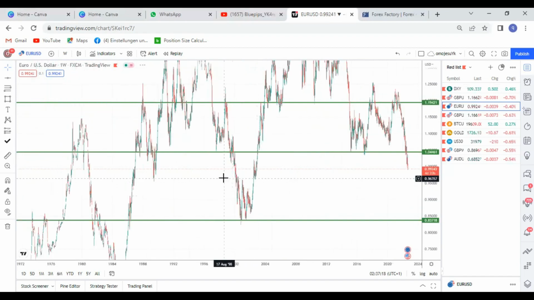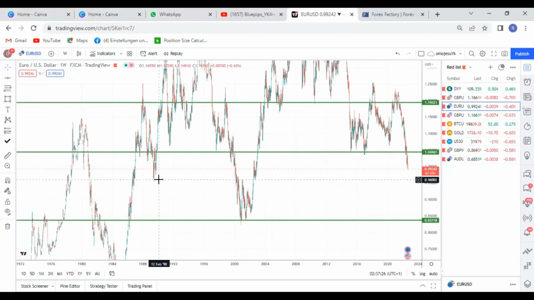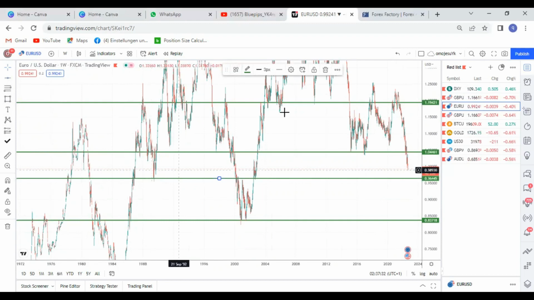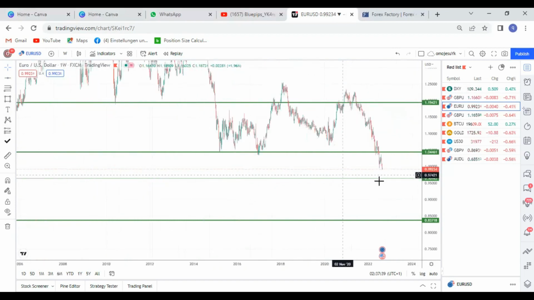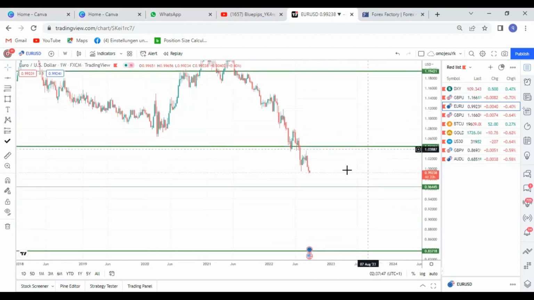But mind you, we cannot overemphasize this point: the market will surely react once it gets to this point as well, because we can see another support there, so there might be a little reaction from here. But what I'll be expecting on Euro USD this week is to sell.